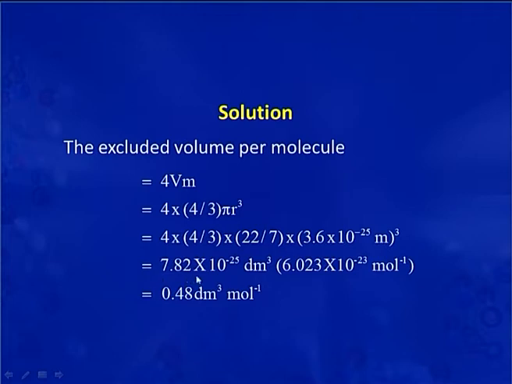So, you get the value 7.82 × 10⁻²⁵ dm³. Now, you have to calculate the excluded volume per mole, so multiply this value by Avogadro's number, 6.023 × 10²³ per mole, which is equal to 0.48 dm³ per mole. So, this is the solution of this question.